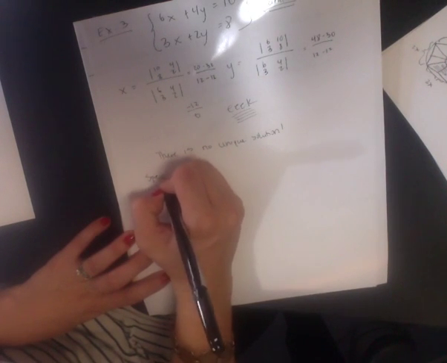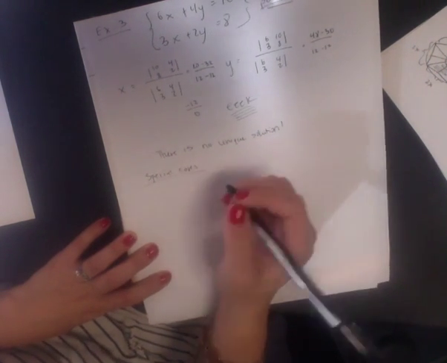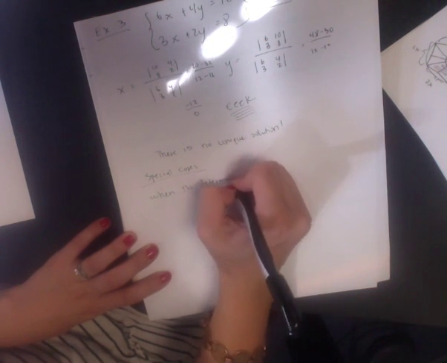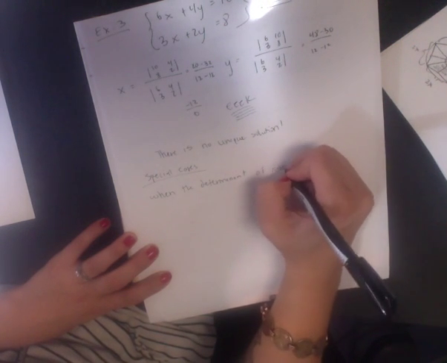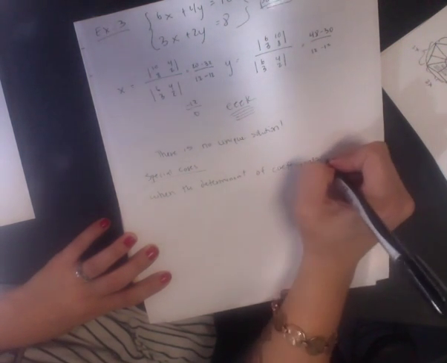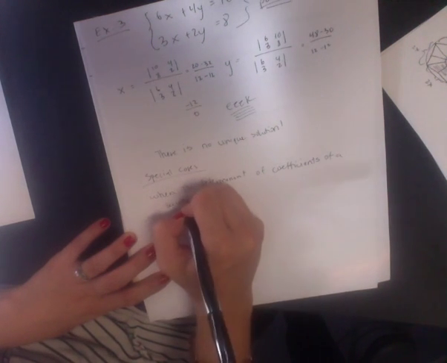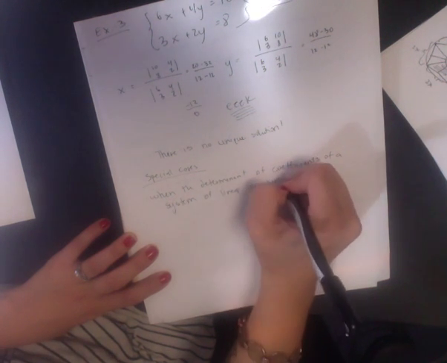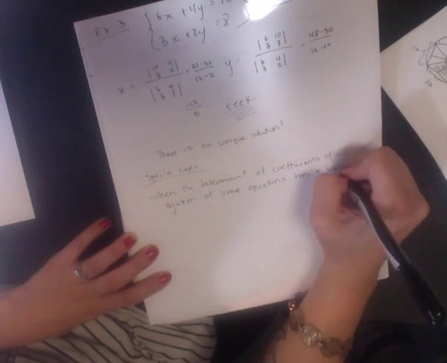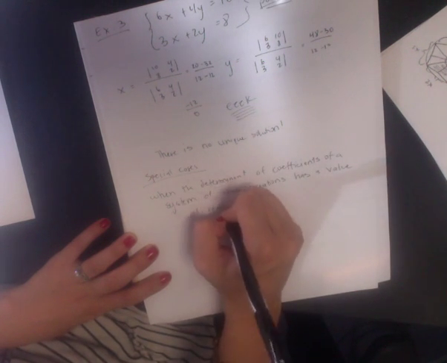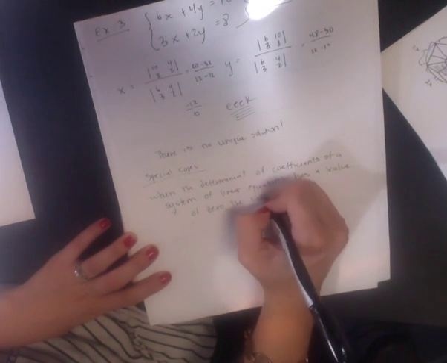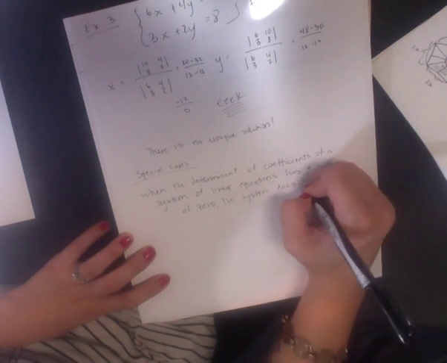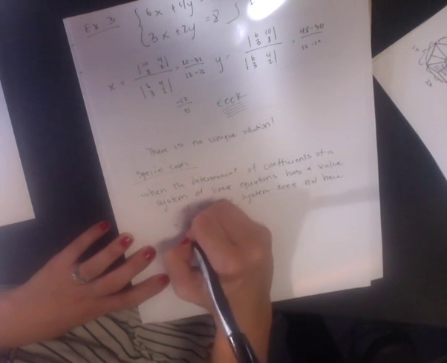So let's talk about special cases. When the determinant of coefficients of a system of linear equations has a value of 0, the system does not have a unique solution.